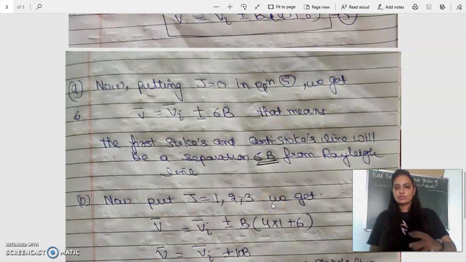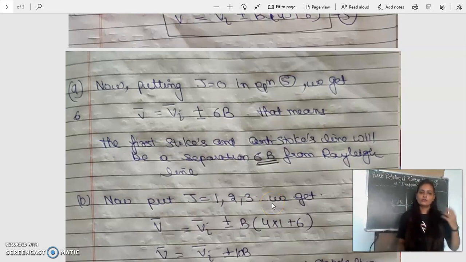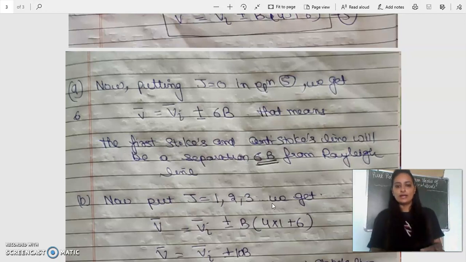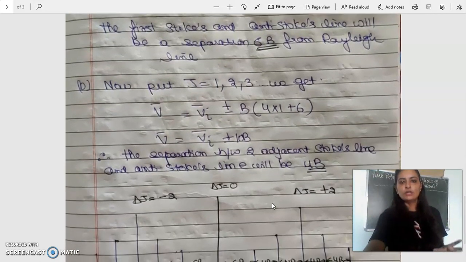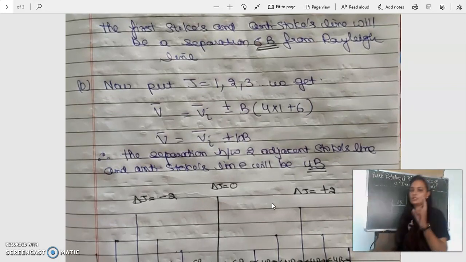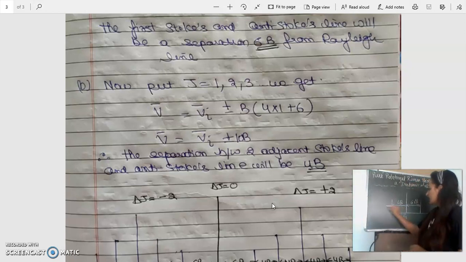Now I'm going to put the values of J as 1, 2, 3 and so on. Corresponding to that, I will get the wave separation value. When I put J equal to 1, I get 10B. 10B means the next line in this Raman spectrum will be at 4B from the previous one.